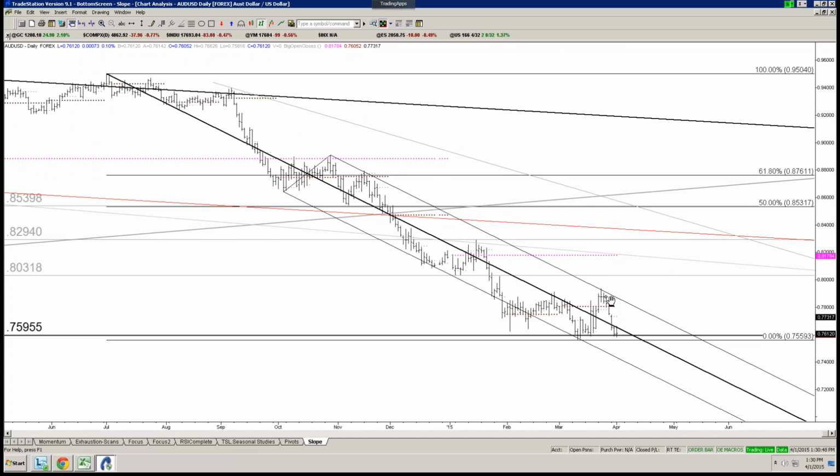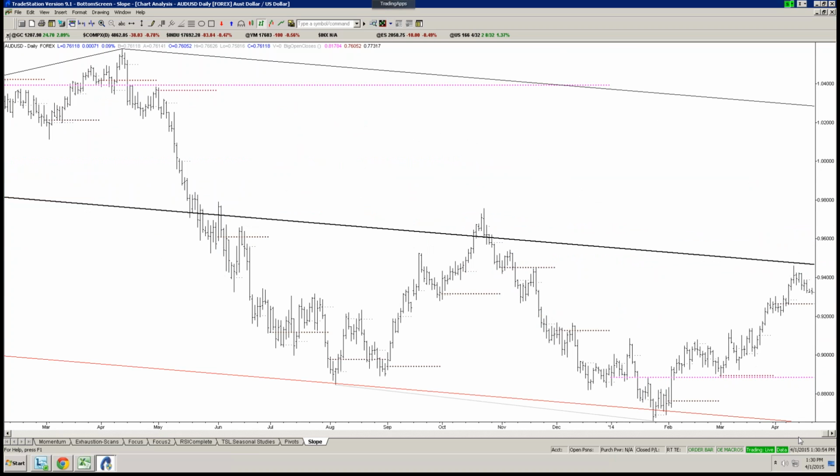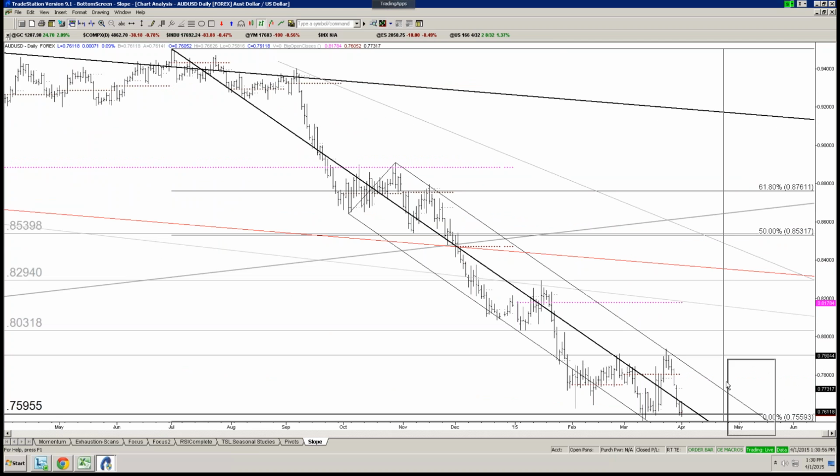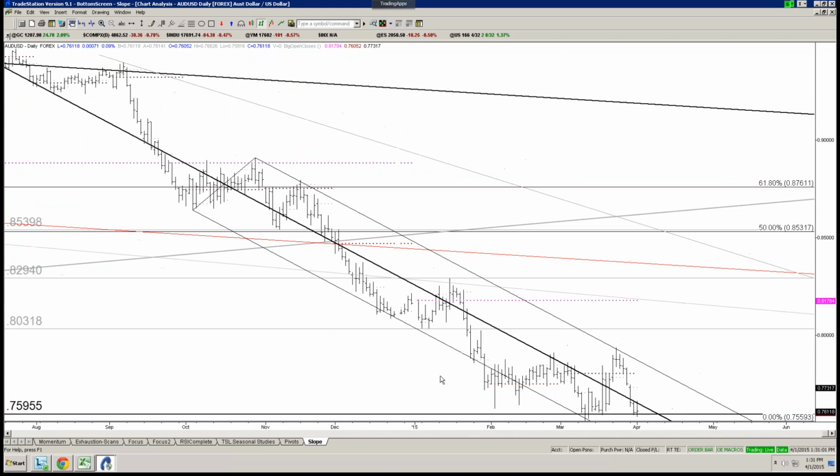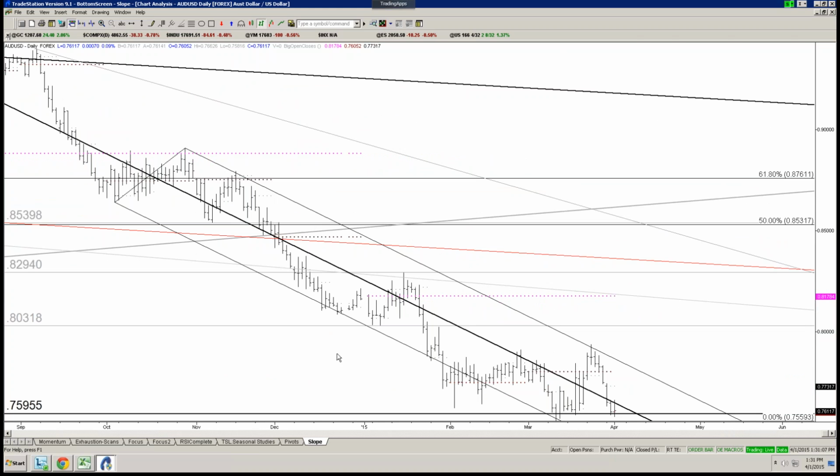We were literally able to short, we got 75.75 with a 30 pip stop. And that, by the way, a 30 pip stop, if you're risking 2% on a trade, you can literally go almost 7-to-1 leverage on that.